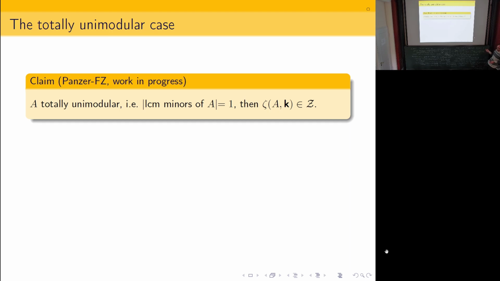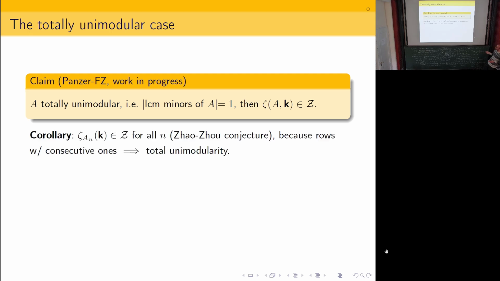So this is a quite strong result on 0-1 matrices, because it's a much more general kind of matrices than the ones with just the consecutive ones in the columns. And so in particular, as I mentioned before, this implies this conjecture of Jean and Joe, because these guys have consecutive ones in the row, so they are totally unimodular.